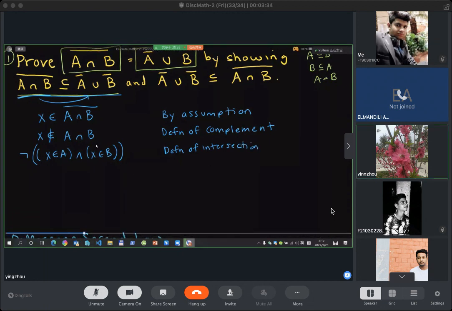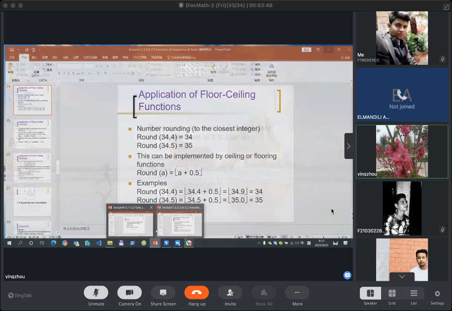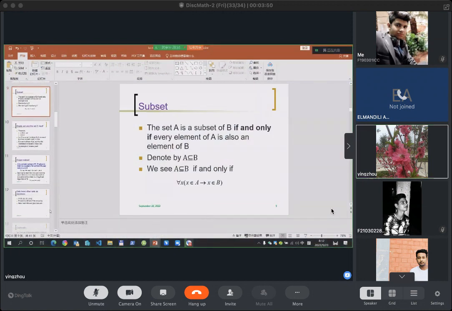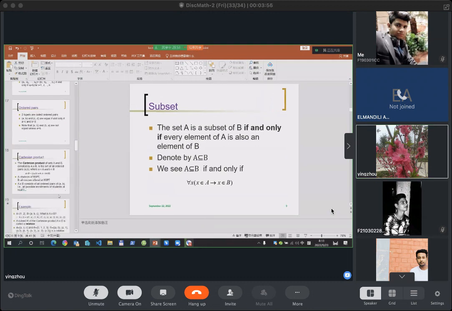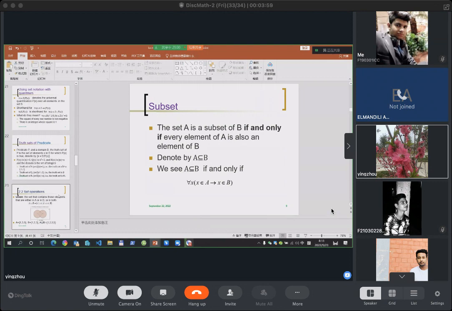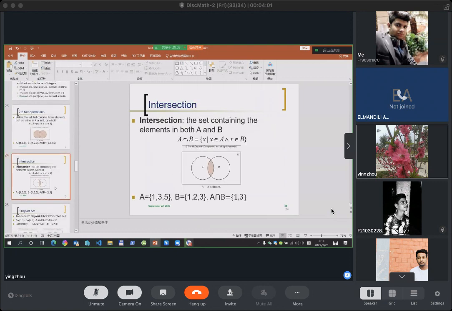So using the next set operation definition, it means the intersection. Intersection just uses the logical and. If we take the intersection of two sets, it just uses the logical and, the conjunction, to define this.